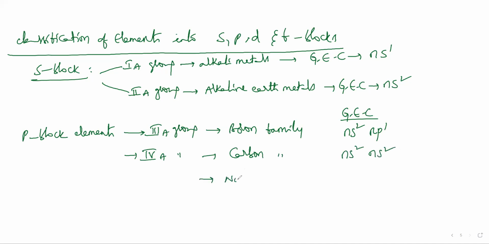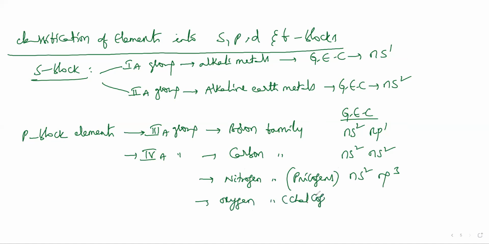Next, the nitrogen family, also known as pnicogens: NS2, NP3. Next, the oxygen family, called chalcogens: NS2, NP4. Next, halogens, the seventh A group, with general electronic configuration NS2, NP5.